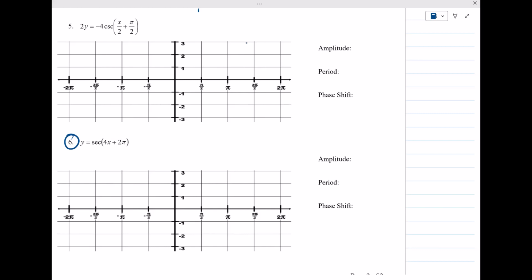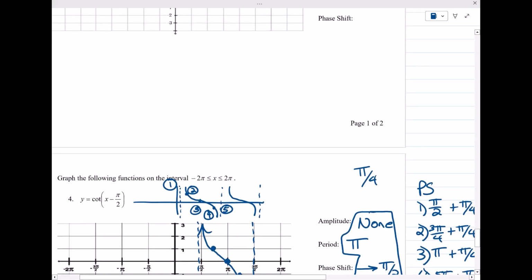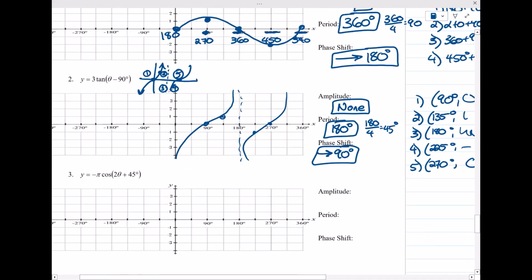Secant, those are alternating parabolas. Tangent would look like a cubic graph.